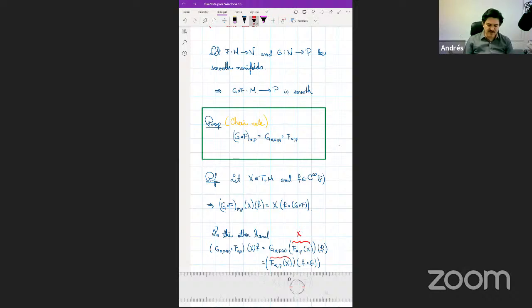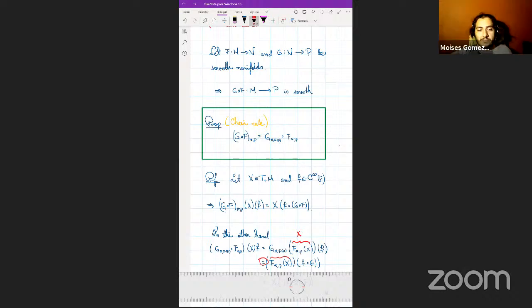The definition of the differential, like the one that is here. And then you have to compose these two and put it here. So, is this equality okay for everyone?